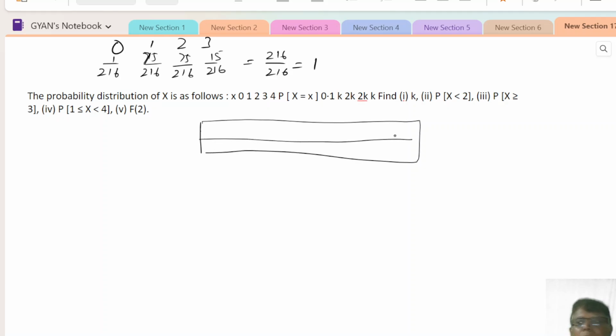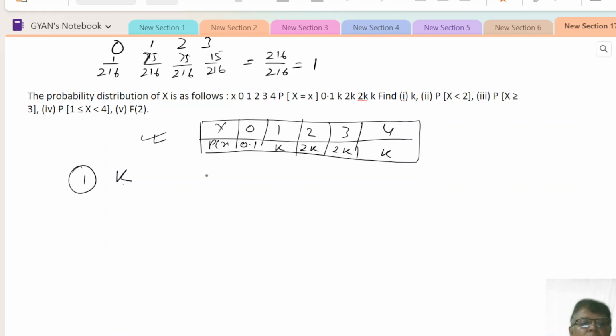So here is x and here is P(x): 0, 0.1, k, 2k, 2k, 3k, 4k is given. This probability distribution is given. Then you have to find the value of k. First question: let's find the value of k.